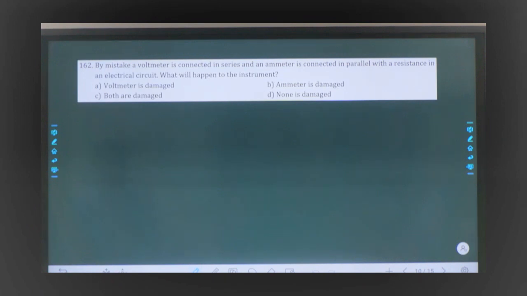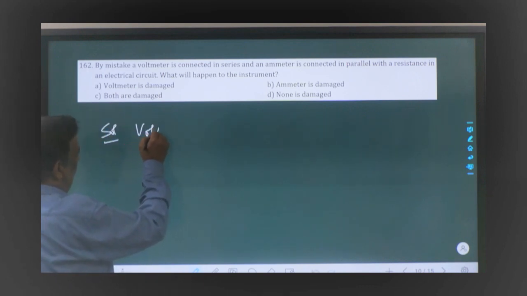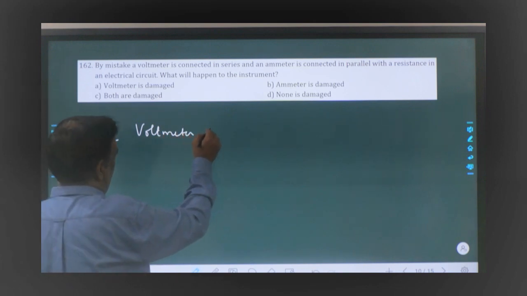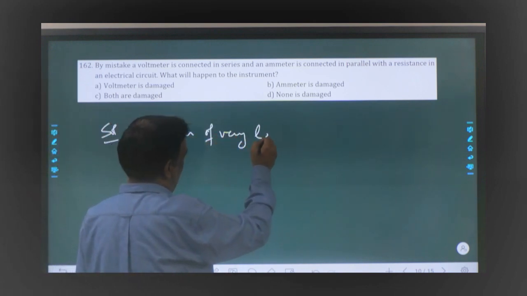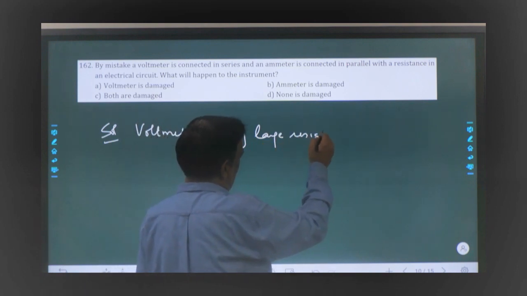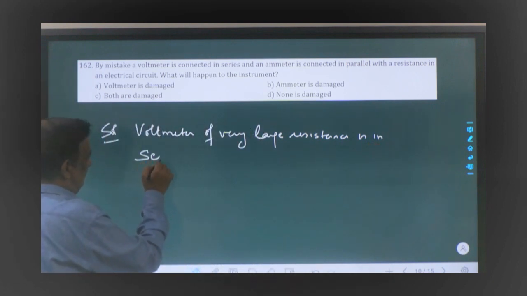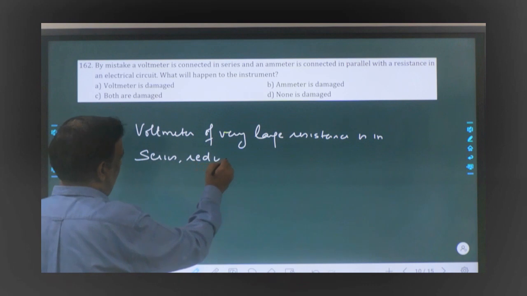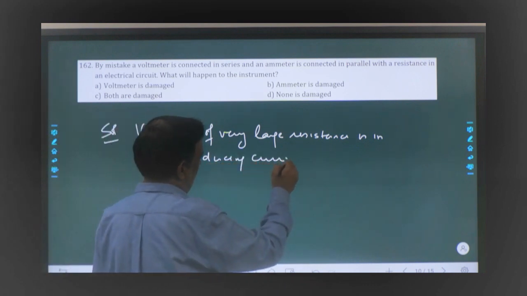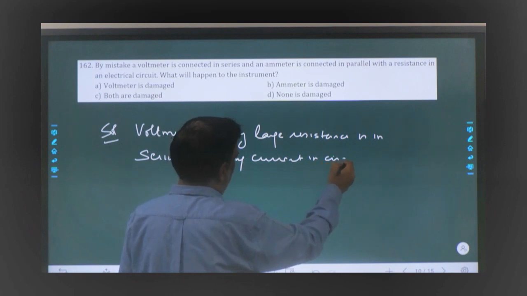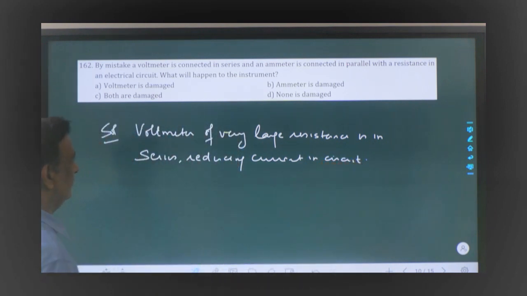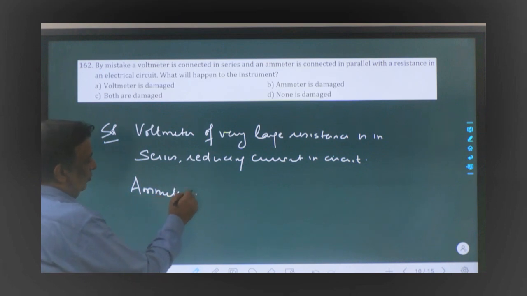Because voltmeter is in series with very large resistance, reducing current in the circuit, damage नहीं होगा कुछ. The B part will be the answer. If the current is small, then ammeter and voltmeter both will not be damaged.